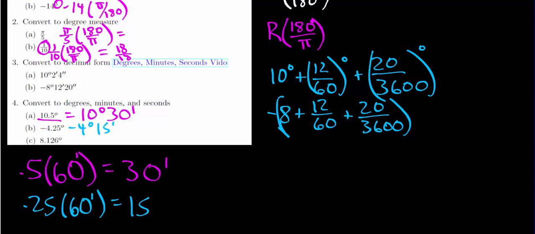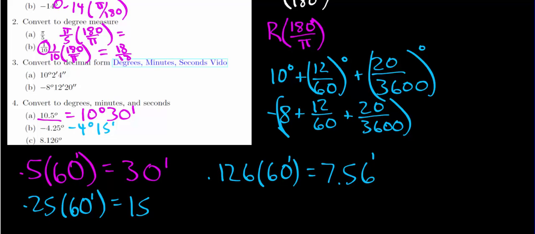Okay, now this next one, let's look at this. We have 8 full degrees and then 0.126 of 60. Now, if we multiply that, 0.126 of 60, we get 7.56 minutes.